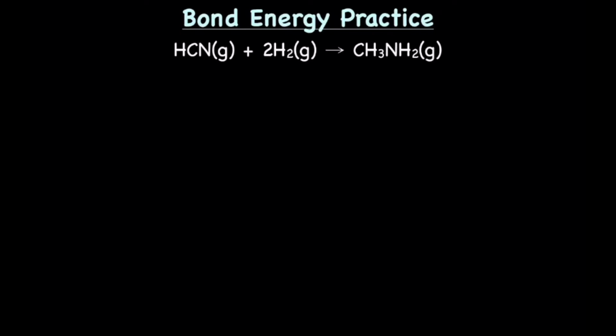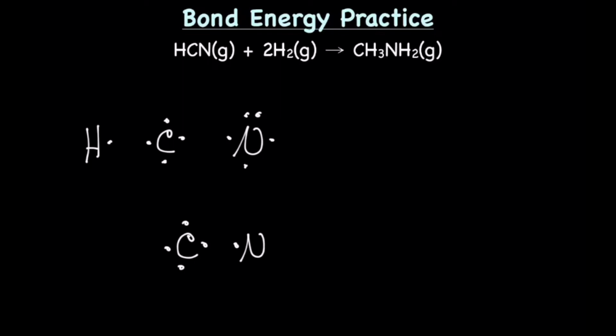All right, let's start by doing the Lewis dot, and this time we'll do the energy for each molecule one by one. So HCN, let's go through the Lewis dot again. We've got H, C, and N. We start with the one that needs the most, and that would be the C. The next one would be the N, and the last one would be the H. So those can connect.